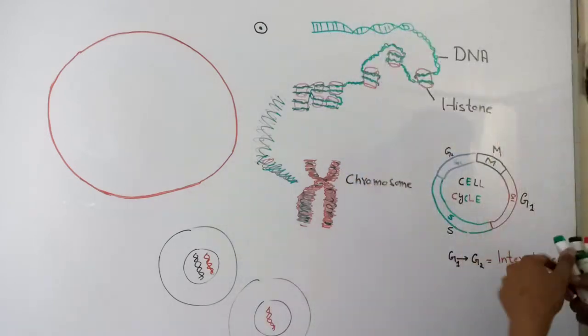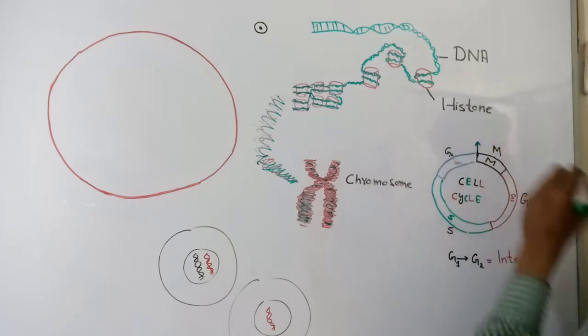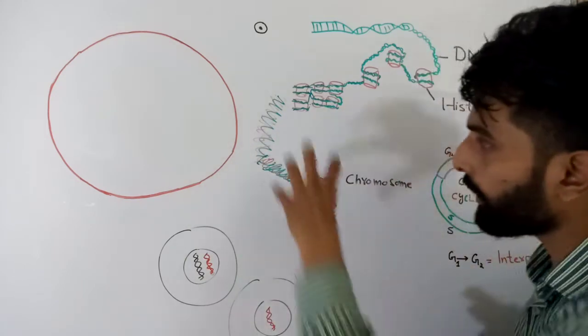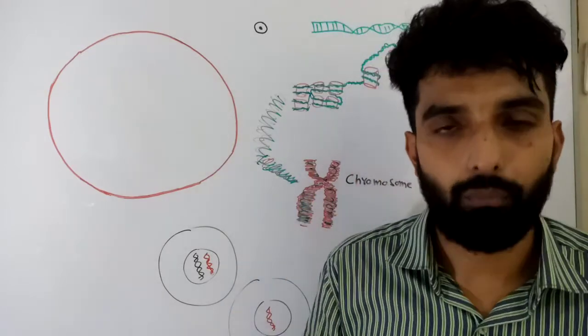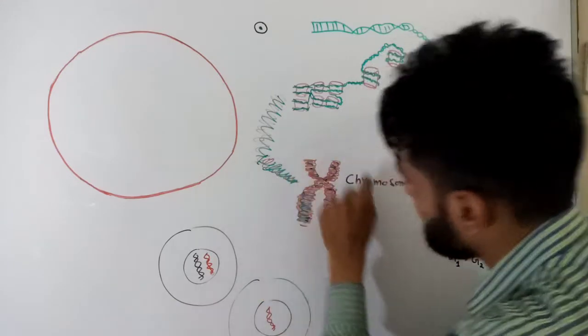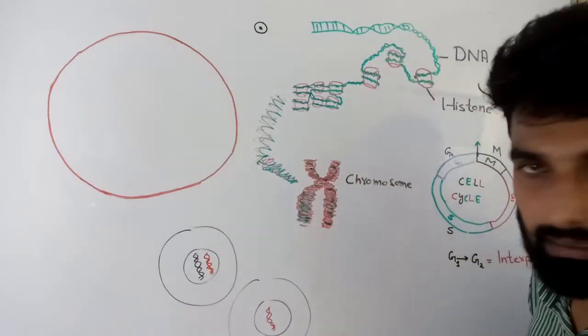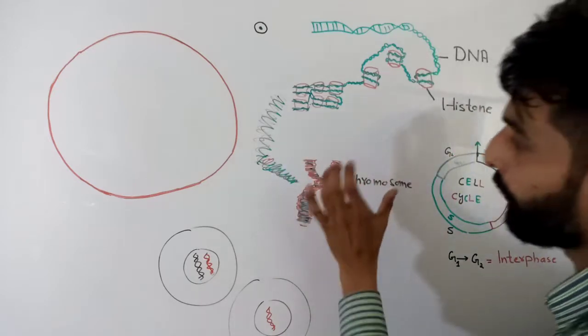But when the first stage of mitosis will start, this chromatin material will further condense itself to form this structure. And this structure is basically called a chromosome.